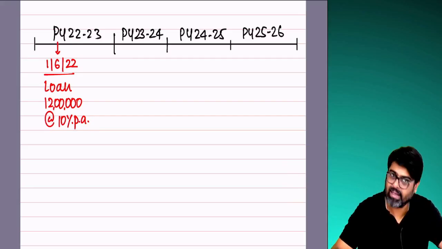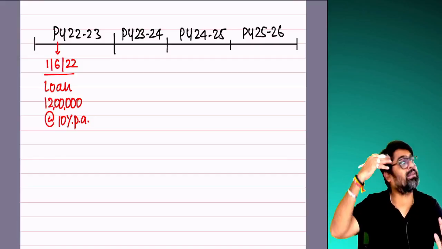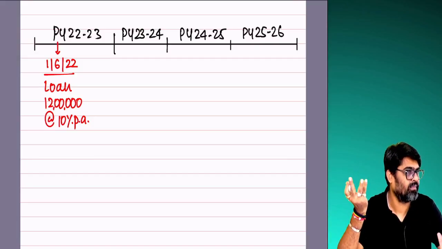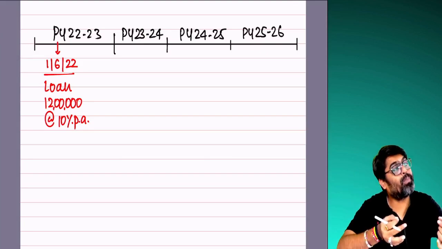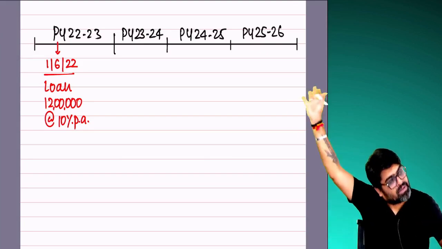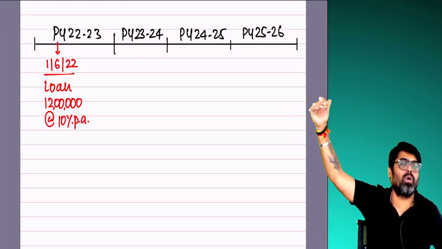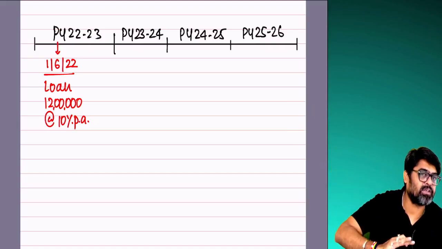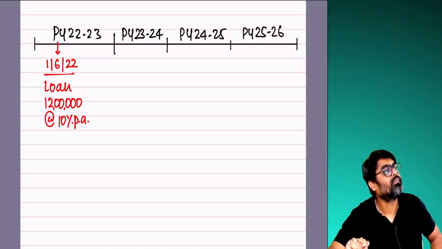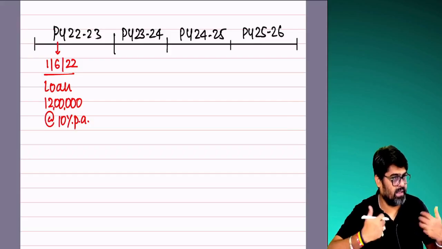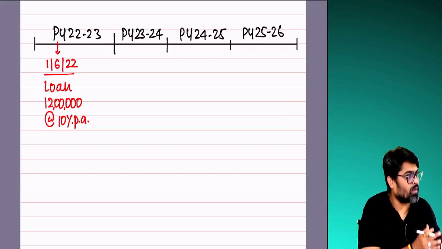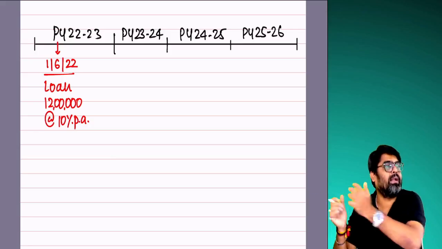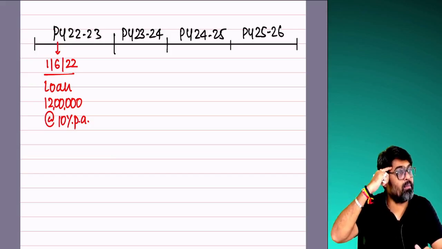We are not interested in knowing when the construction was started. Will you pay the interest from the date of starting the construction, or from the date of taking the loan? Definitely from the date on which you are taking the loan, no?